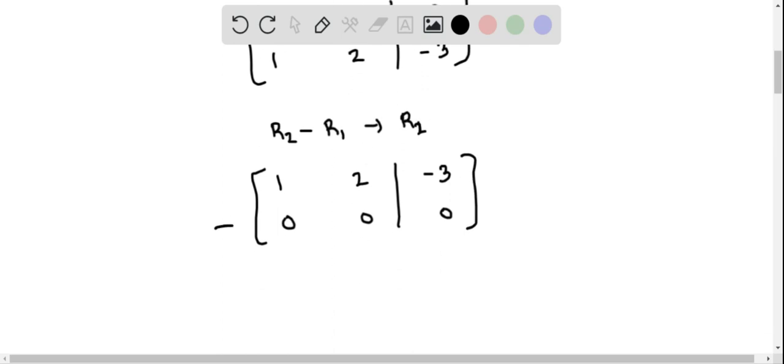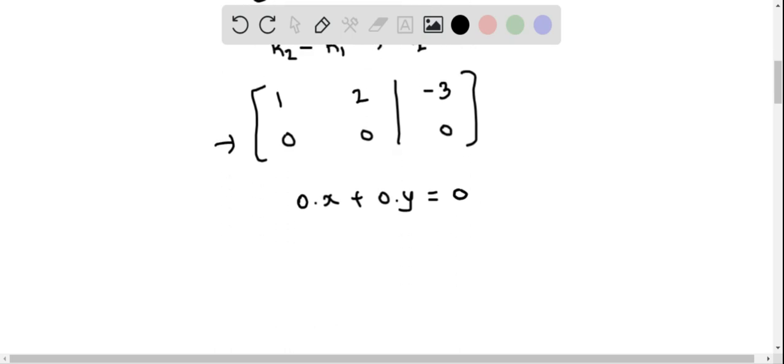If you look at the second row, this is equivalent to 0 dot x plus 0 dot y equals 0. Clearly, no value of x and y can satisfy this. I'm sorry, all values, it has many values of x and y which will satisfy this equation.